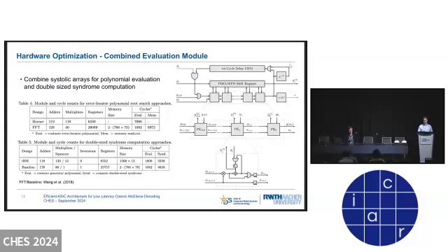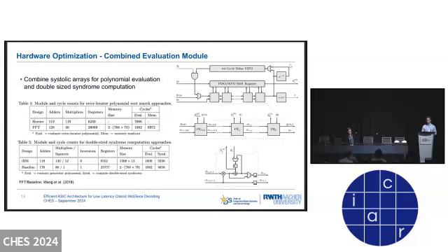Shown at the left of the slide is then a comparison of our implementation for polynomial evaluation and double-sized syndrome computation with the baseline design, which again is the FPGA design from Wang et al. Looking at the top at table 4 is a comparison of polynomial evaluation approaches.